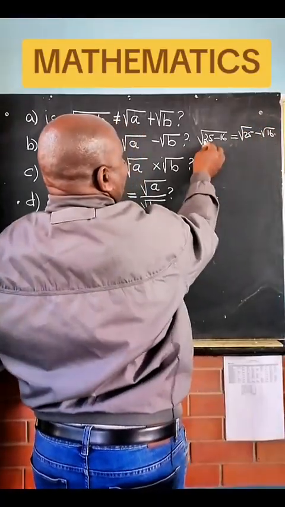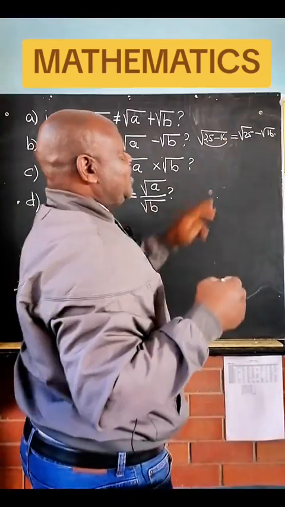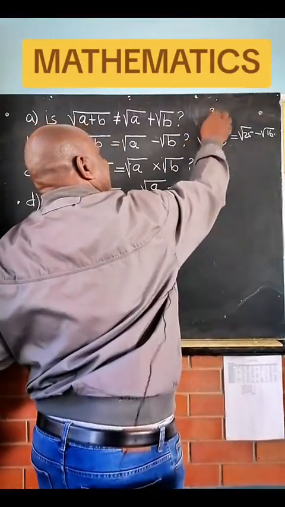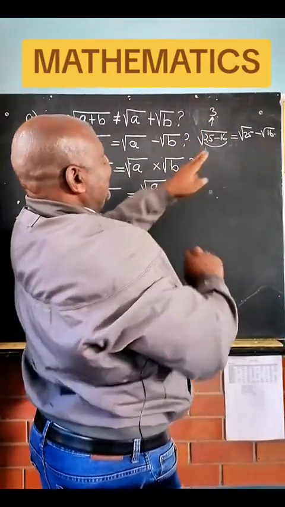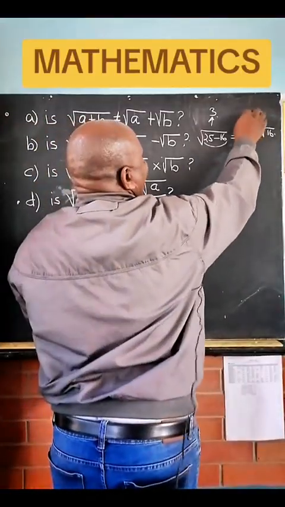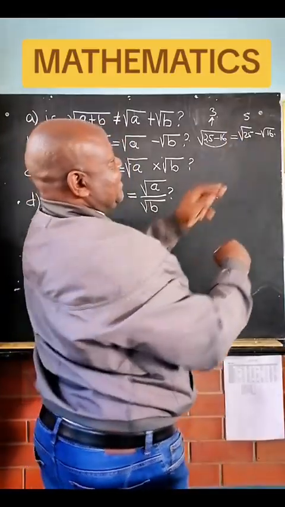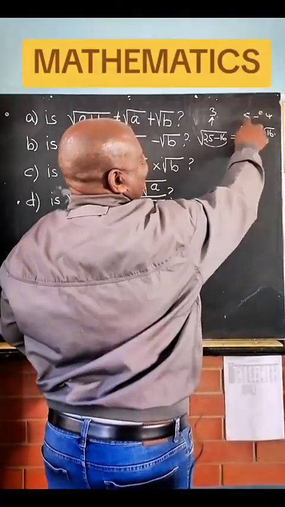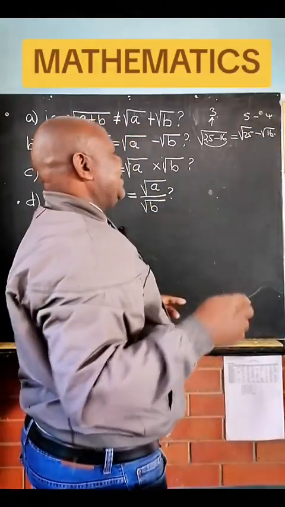Okay. 25 minus 16 will give you 9. But the square root of 9 is 3. Let's look at the right-hand side. The square root of 25 is 5. What about that of 16? It's 4. What is 5 minus 4? It's 1.